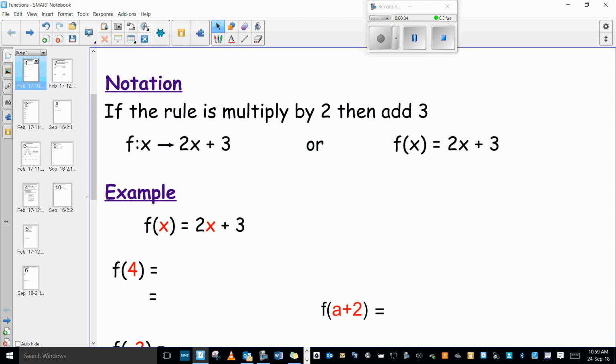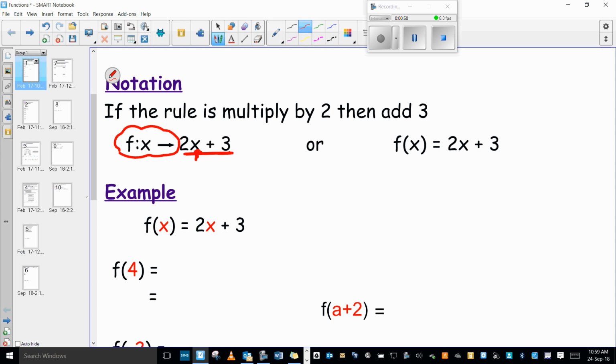So for example, if our rule was multiply something by 2 and then add 3 to it, I have shown that by writing 2x plus 3. Okay, I've multiplied something by 2 and added 3. My something, I've chosen to use the letter x. Now this here at the front is just showing that it is a function.